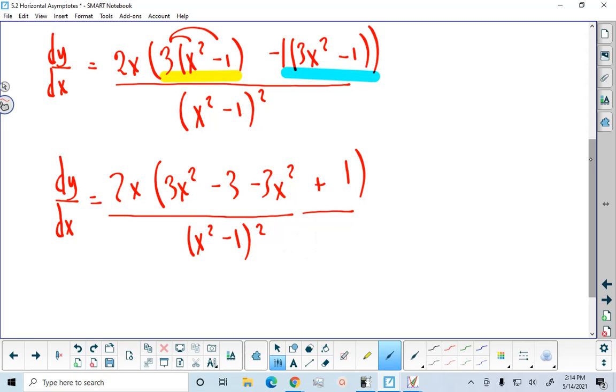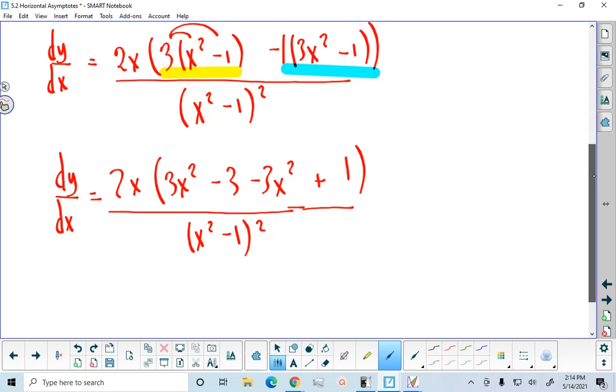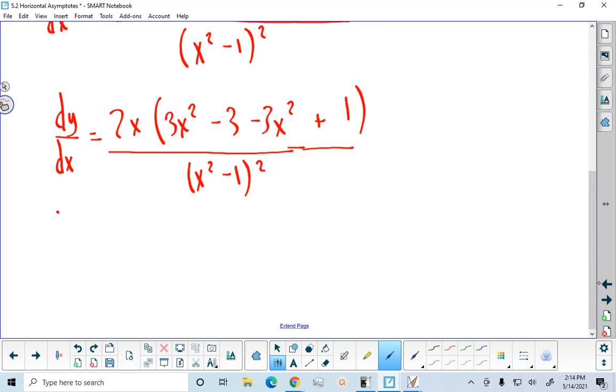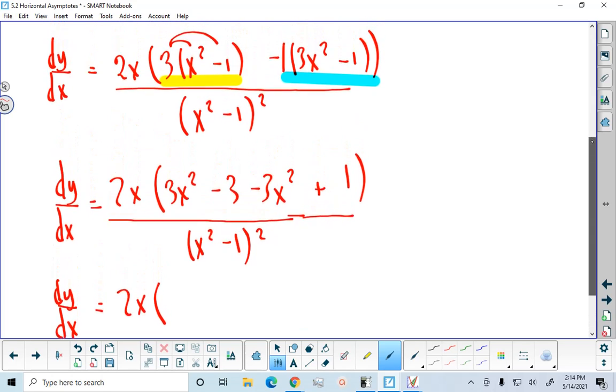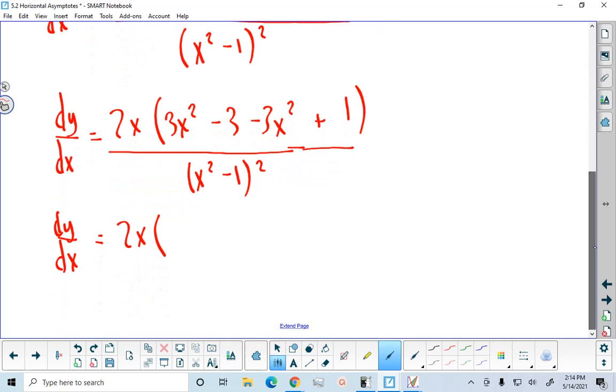So we're just about to the point where we can do our first derivative chart. I have 2x inside of the brackets, and I do want to double check that step, 3x squared minus 3 minus 3x squared plus 1. It looks okay.